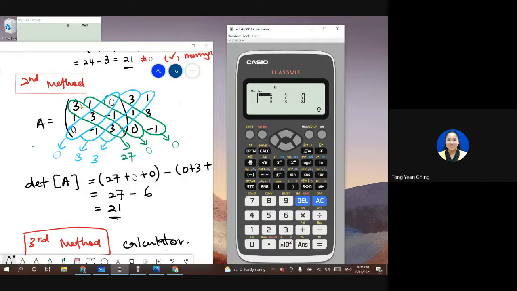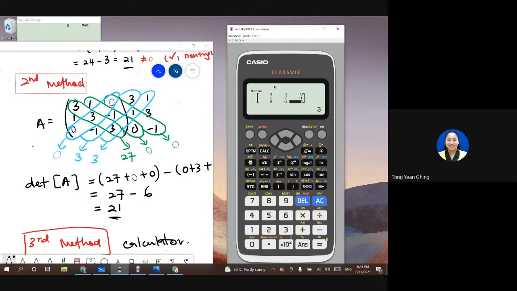Key in all the values here: 3 equal, 1 equal, 0 equal, 1 equal, 3 equal, negative 1 equal, 0 equal, negative 1 equal, 3 equal.